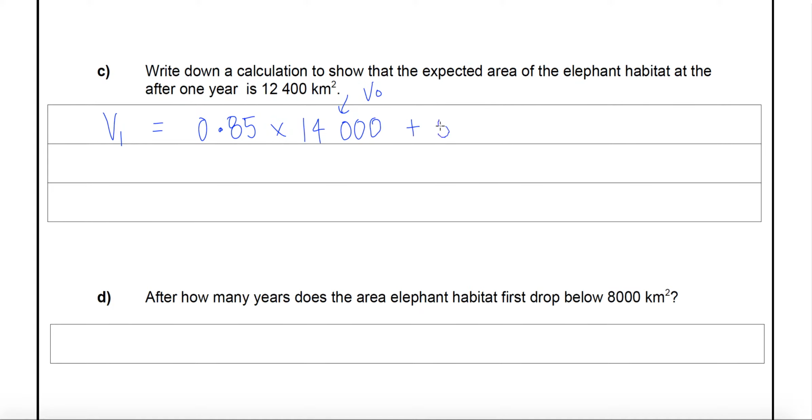And then we're going to add 500 onto that. Now, you've already done this in your calculator, actually, because you just had a look at what the numbers were doing. So have a look what happened after you pressed enter just the first time. And you'll see that we get 12,400. Since it said that you need to write down a calculation, you must have this first line here of workings.